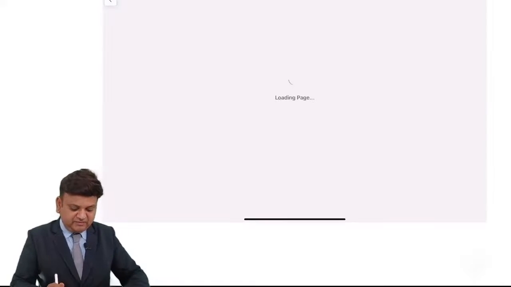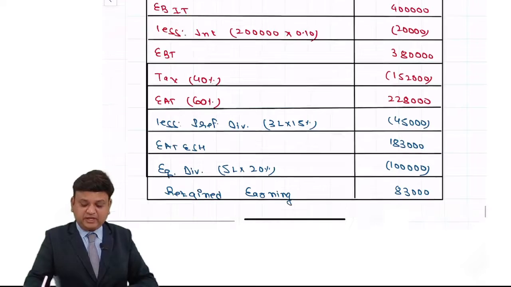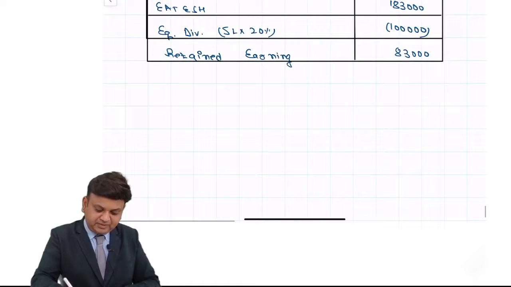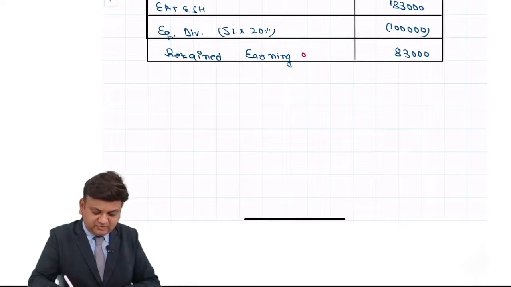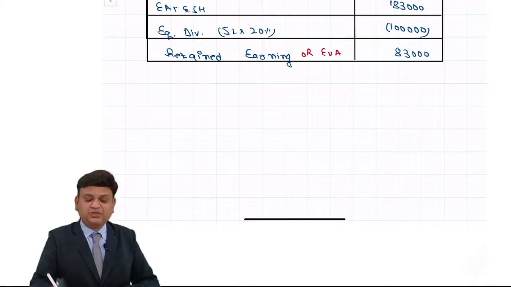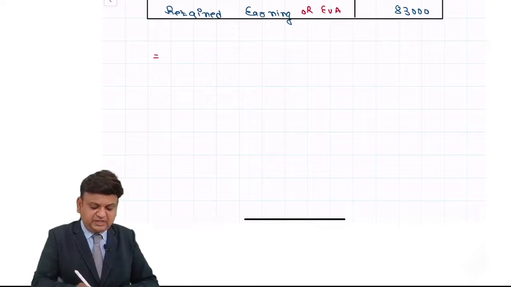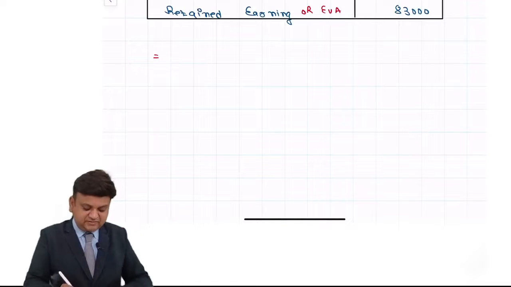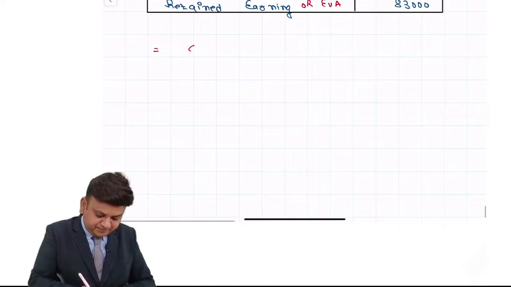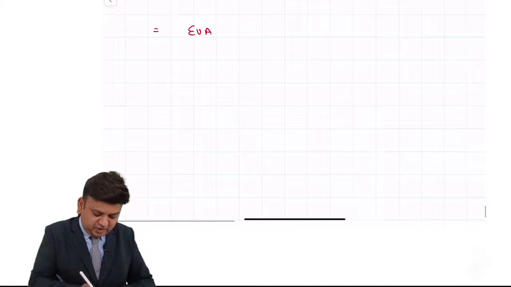As far as the economic value added is concerned, of course you can compute the answer like this. This is what we understand as the economic value added. Or otherwise we can make the calculation of the answer by using a formula like this. Everybody is requested to pay attention properly. Calculation of EVA, economic value added.